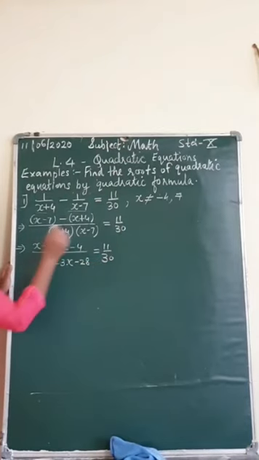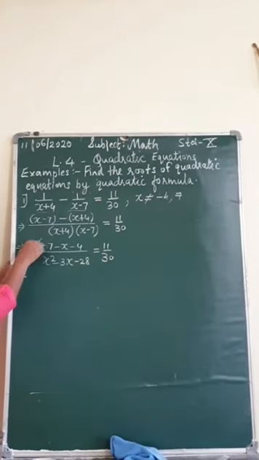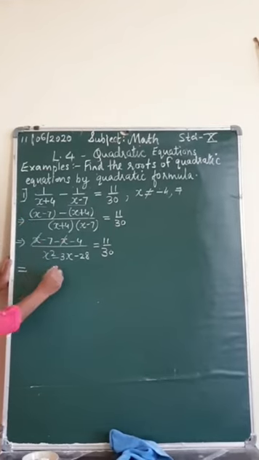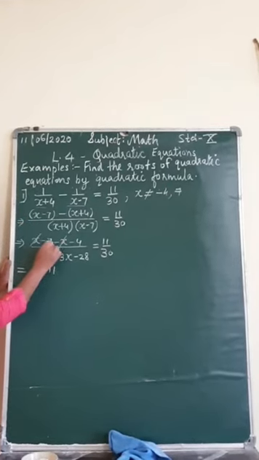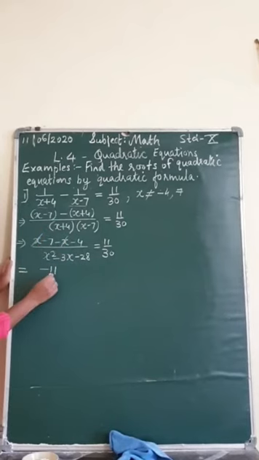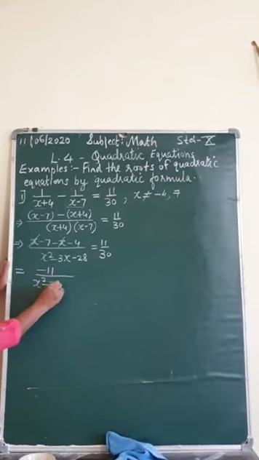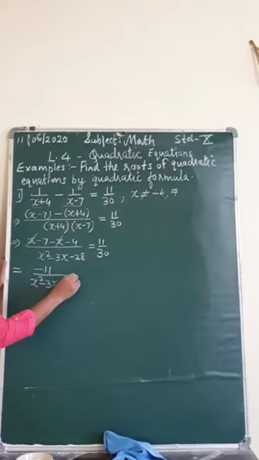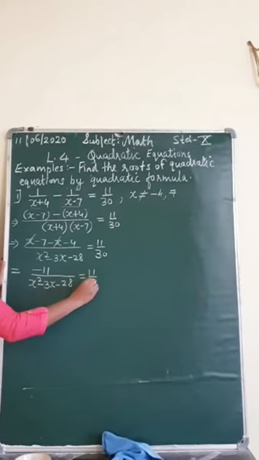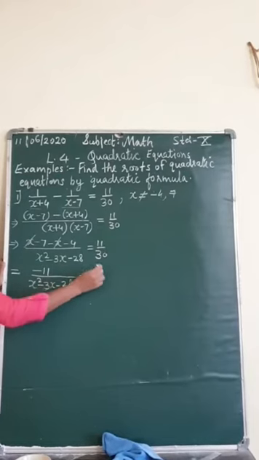Cross multiply. That gives us, first cancel this, x minus x gives 0. So minus 7 plus minus 4 gives us minus 11 upon x square minus 3x minus 28 is equal to 11 upon 30. Again cross multiply this.